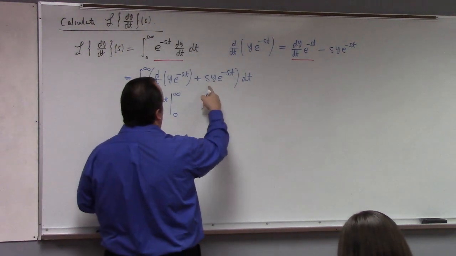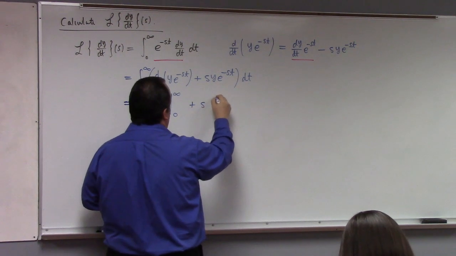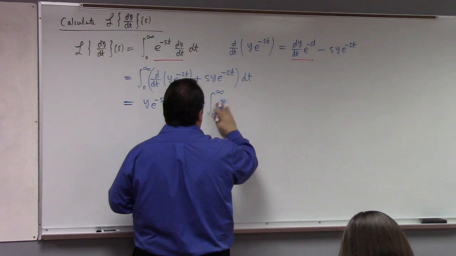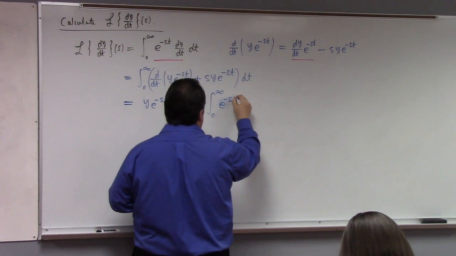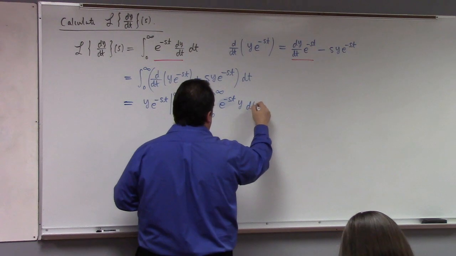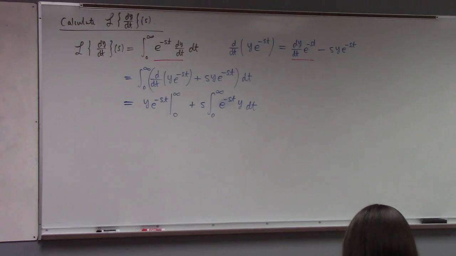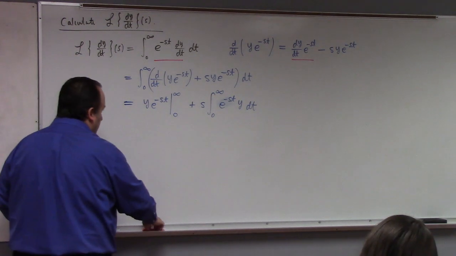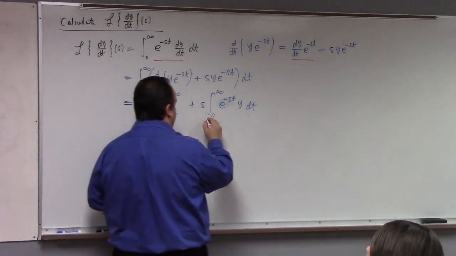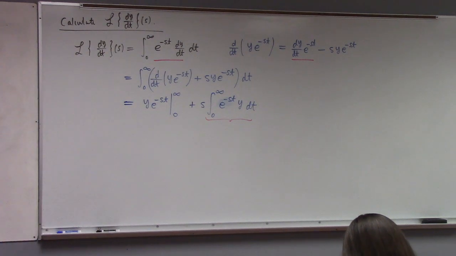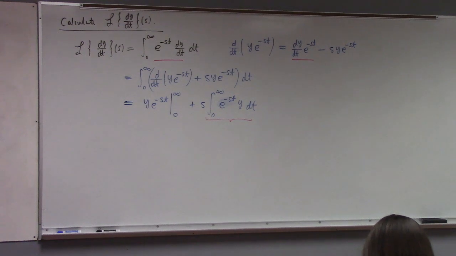Now the other piece, I'm going to pull that s out, and we've got plus s times the integral from 0 to infinity of, well, y, I'll write the e to the minus st first, e to the minus st y dt, right? So can you recognize what is this? What are you looking at there?